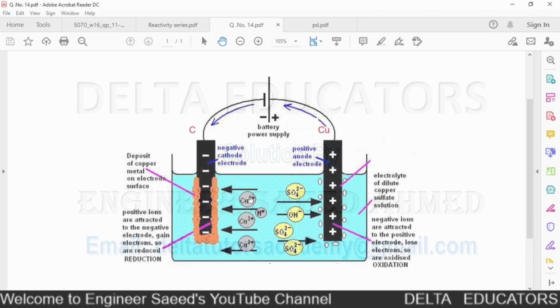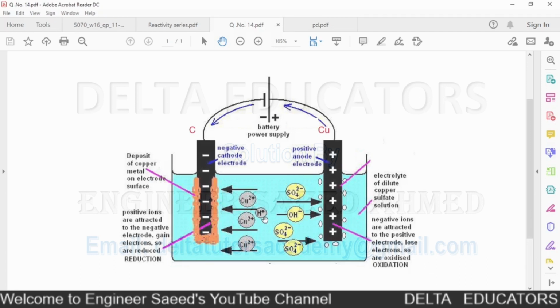Now positively charged ions will be attracted towards the negatively charged electrode and negatively charged ions will be attracted toward the positively charged electrode. Here the negatively charged electrode is made up of carbon, and towards this carbon electrode, copper ion and hydrogen ion may move.